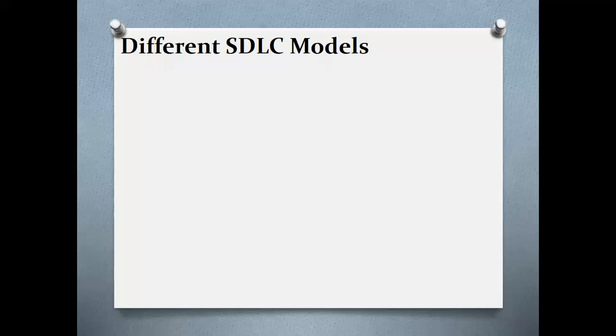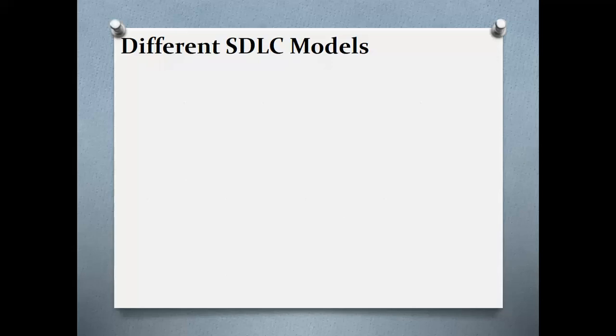Different SDLC models. The standard SDLC model is used for projects for which time is not a constraint, but certain projects need to be completed faster and cannot undergo the same processes in the standard SDLC model.